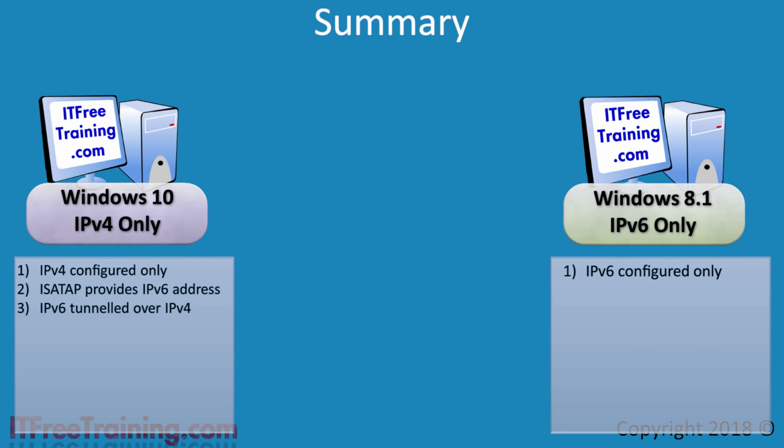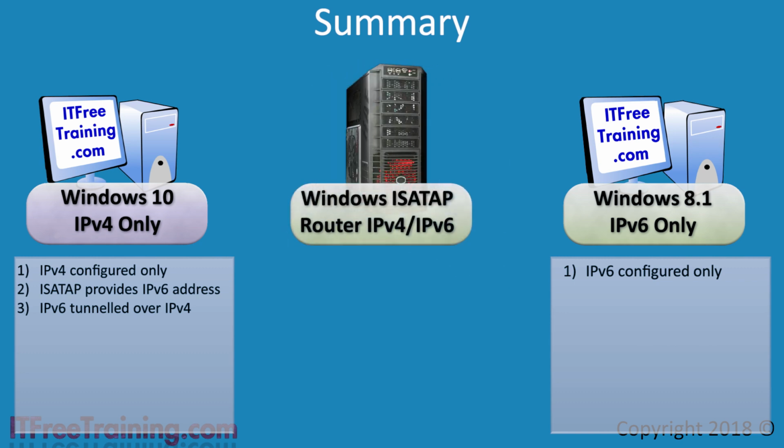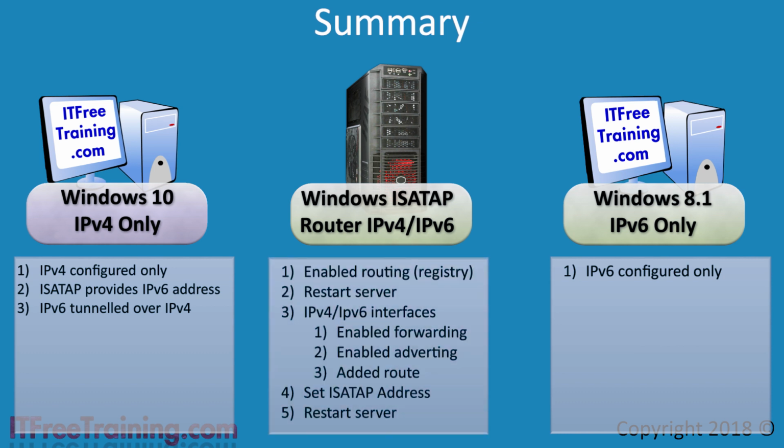To make all this work, a Windows server is placed so it can access both the IP4 and IP6 networks. This needs to be configured for ISATAP, and there are a few steps to make this happen. First, routing needs to be enabled. Since this changes a number of other things, a restart is required. Next, the IP4 and IP6 interfaces need to be configured to forward traffic between interfaces and advertise their network prefixes on the network.